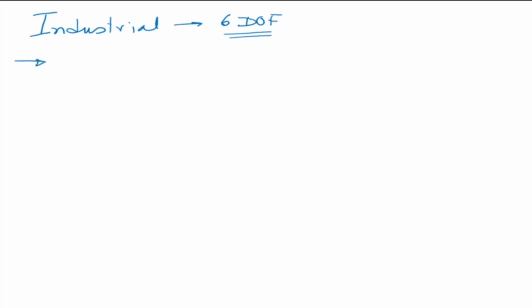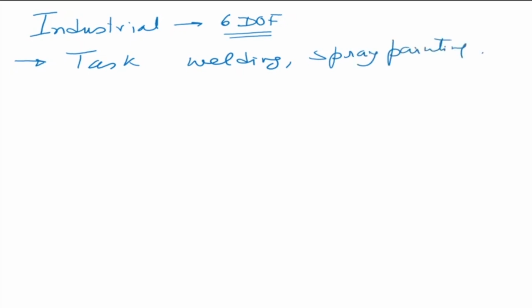But most tasks in industries are limited to welding, mainly spot welding, spray painting, then pick and place. And for these applications, normally 5 degrees of freedom is enough. For example, if you're doing spray painting, suppose this is a spray gun and the robot is holding it here.